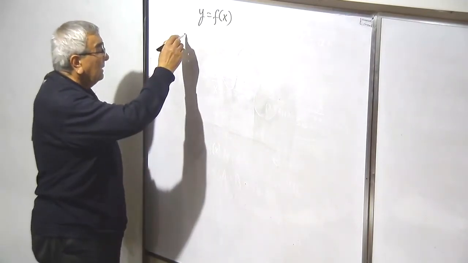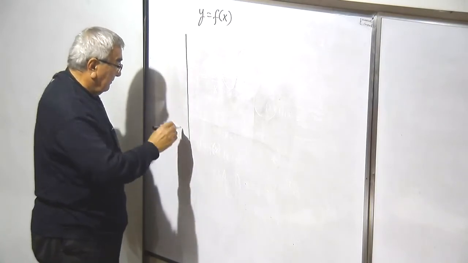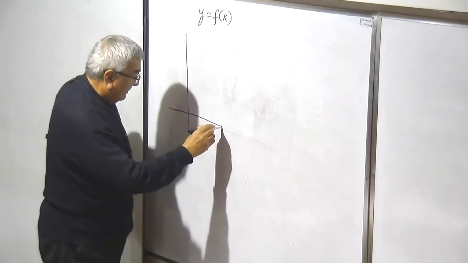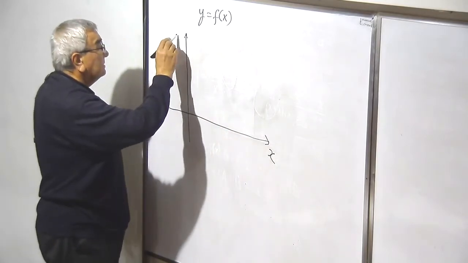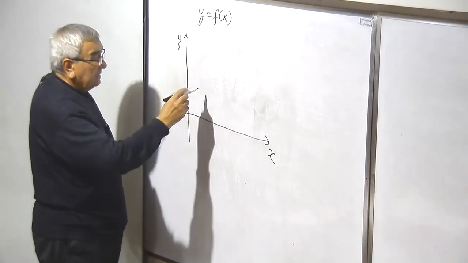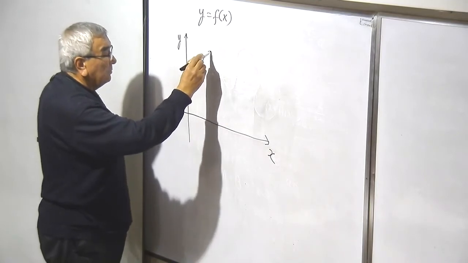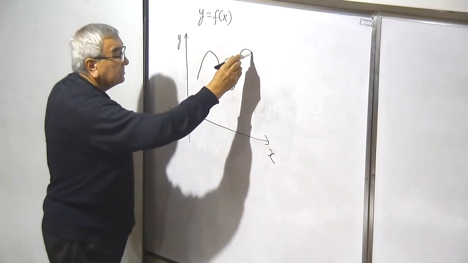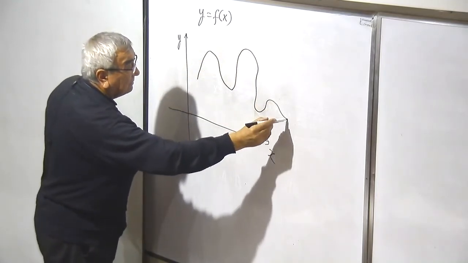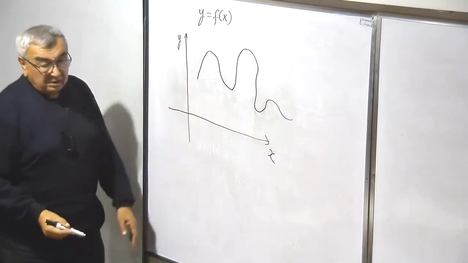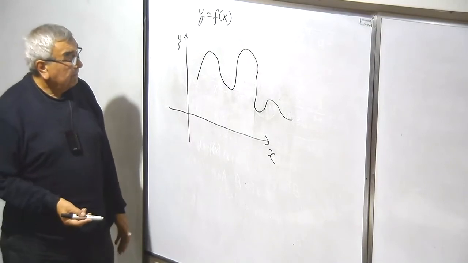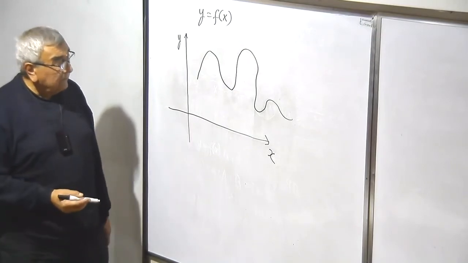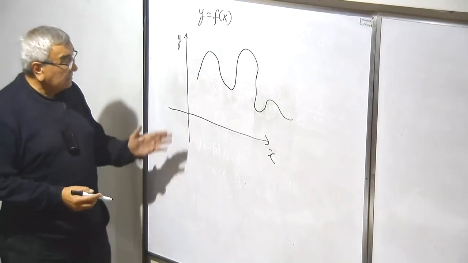This is the coordinate system, here is x, this is y. The particle moves along, for example, this curve, which, as you see, is a very complicated track of motion.